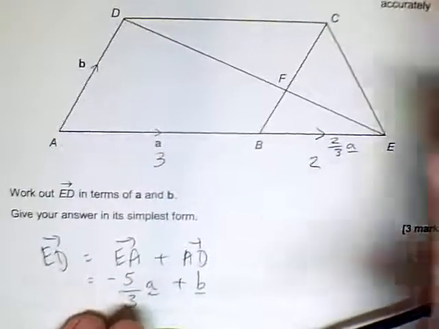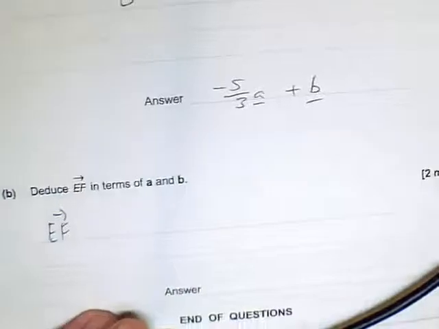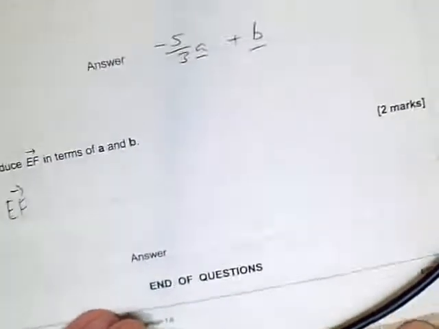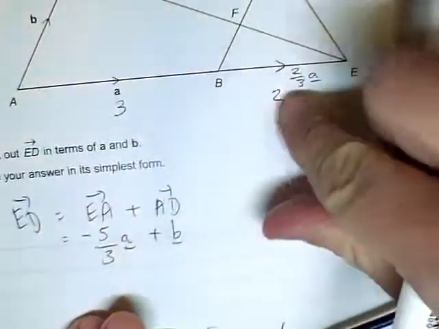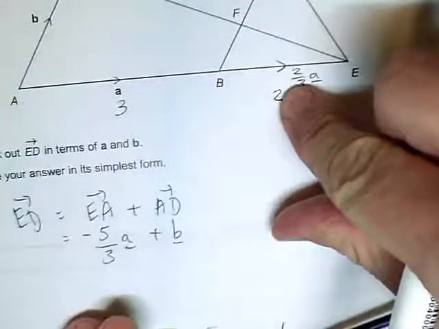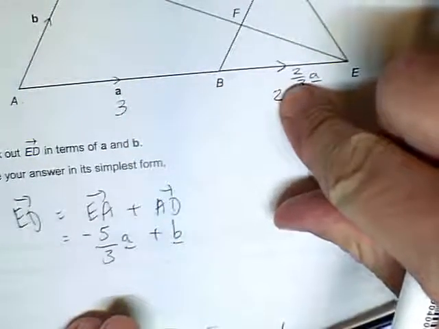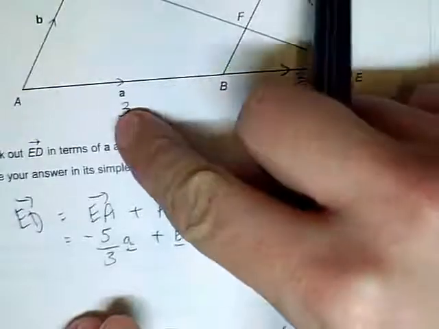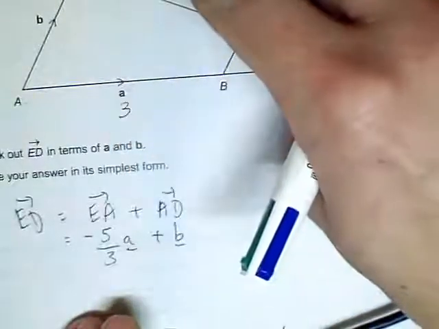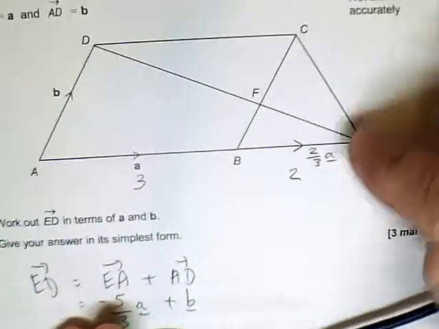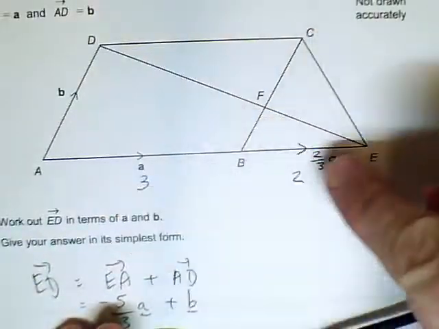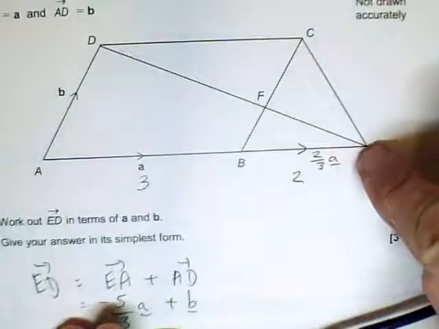So if we think about the ratio, it was in the ratio of 2 to 3. So E to F is 2/5 of E to D. So 2 parts, 3 parts, there's 5 parts in total.